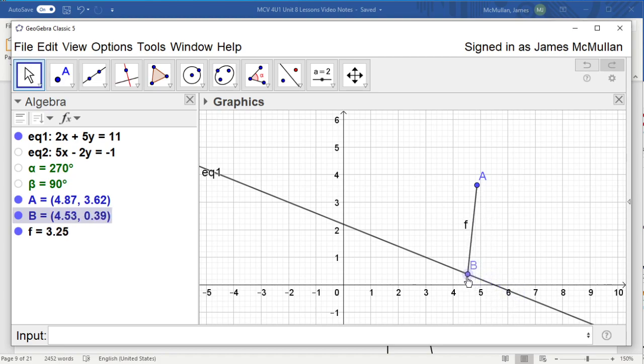So the distance between the two is shortest if you are traveling in a perpendicular direction. If I draw the other line, you're traveling in the shortest possible path between a point and a line.